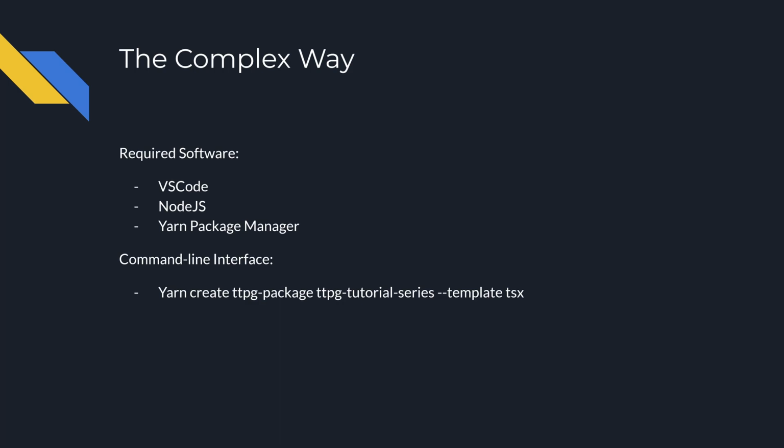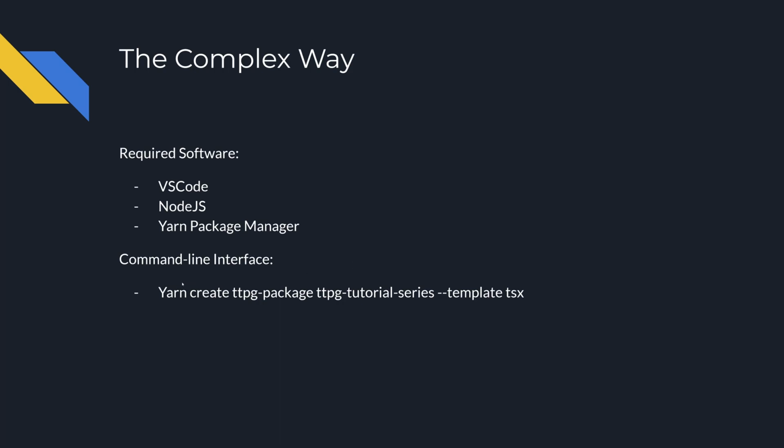Once you have VS Code and Node.js, and not yet Yarn, but soon, installed, we're going to run a command line interface, or a command line for you. Again, I use Windows, so your experience here might be slightly different. I'm also going to assume that for now you're going to use Yarn since you just downloaded it, or will have downloaded it by the time you get here.